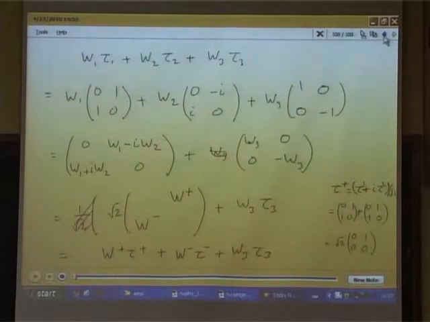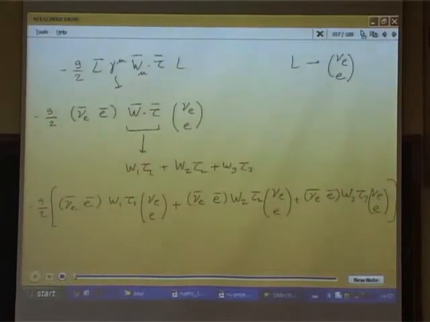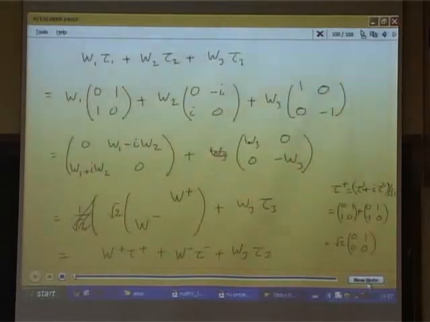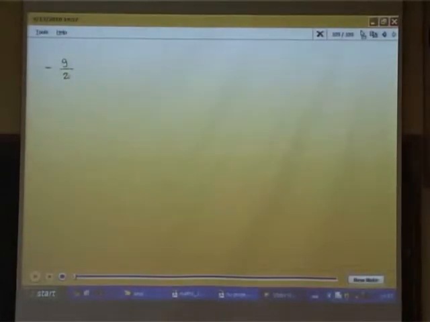Let me go back a bit. So instead of writing this as W1 tau 1, I write it as W plus tau plus. Let me write this down again in the next line.